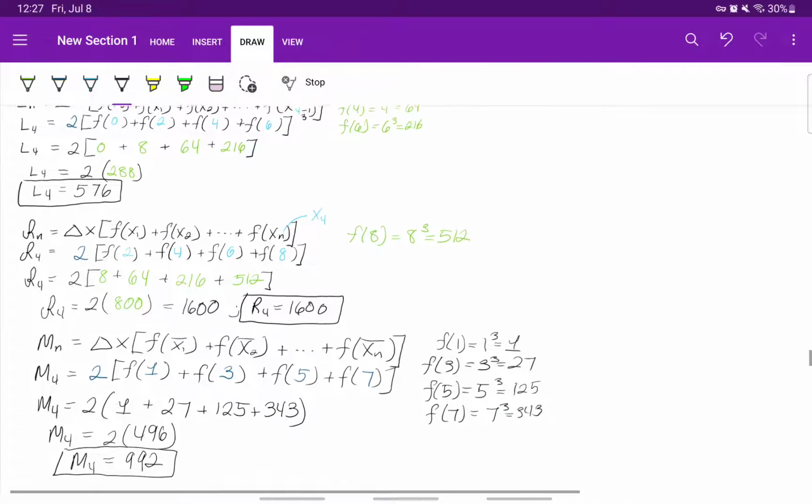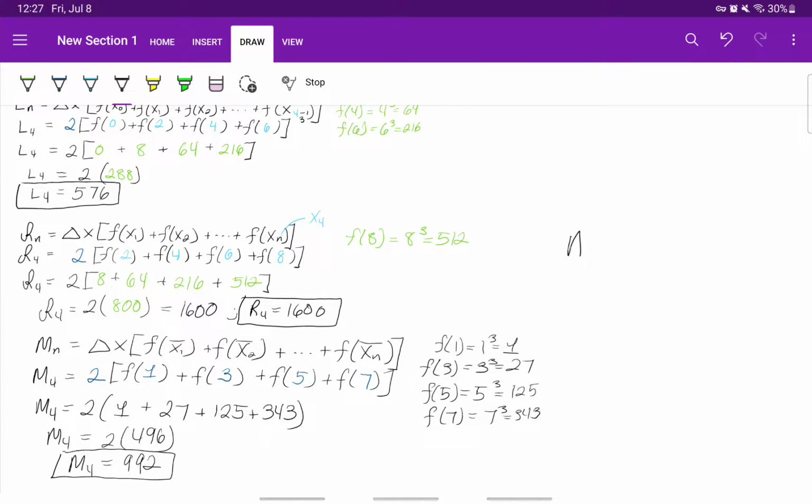Now, if you want to find the actual area, I'm just going to do that on the side real quick. Just take the integral from x is 0 to x is 8 of x to the third power dx. When we take the antiderivative, we add 1 to the power and divide by 3 plus 1. A is going to equal x to the fourth over 4, going between 0 and 8.